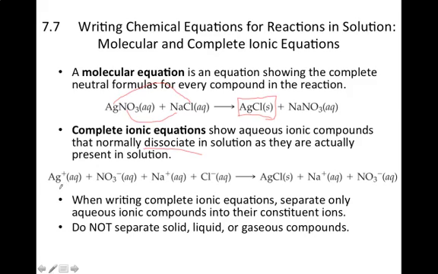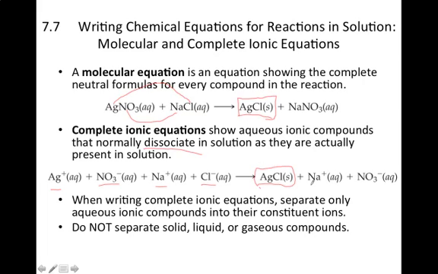So if we have silver nitrate, we break that apart into its components, silver 1 and nitrate. We have sodium chloride, we break it apart into its ions, sodium and chloride, because these are all in water, and when they dissolve, they exist as their ionic species interacting with water molecules. Now, our silver chloride is a solid, so we have to write it as a solid.